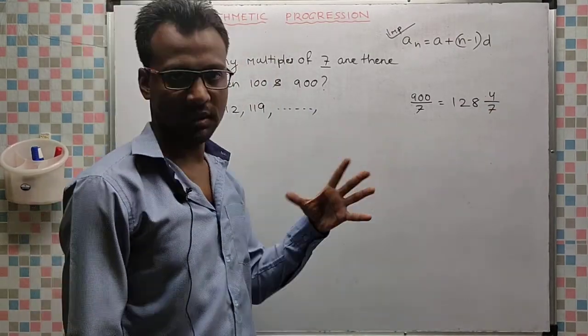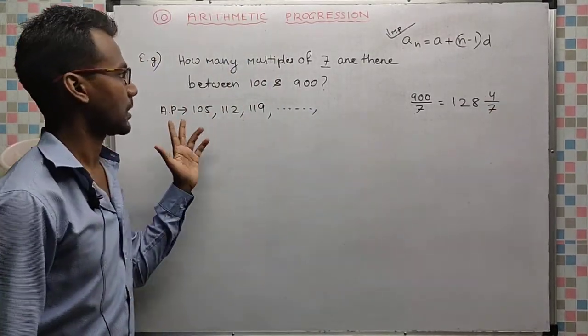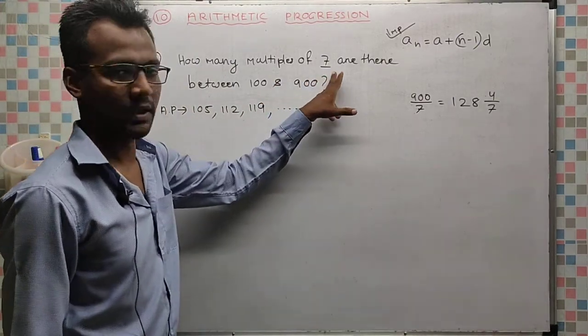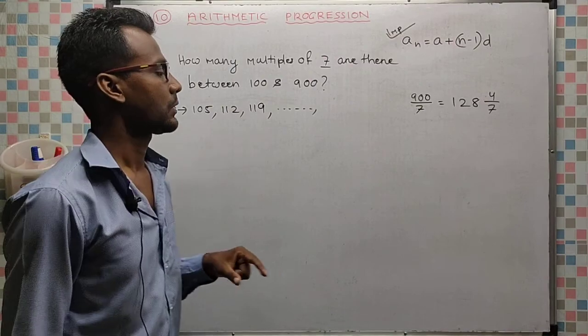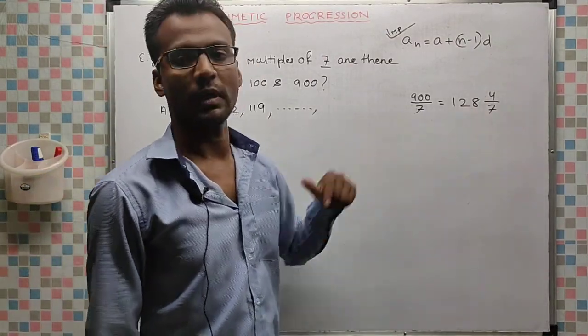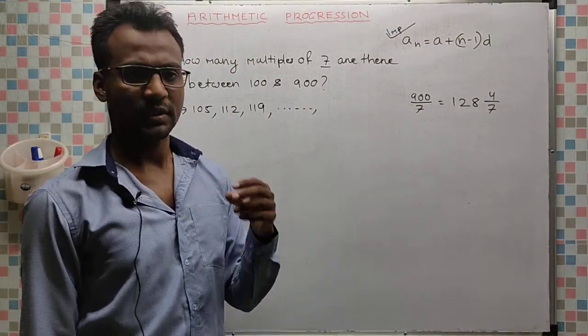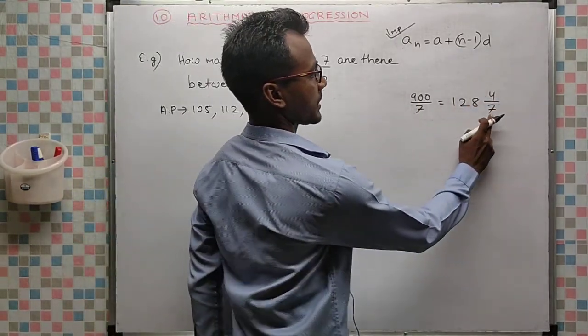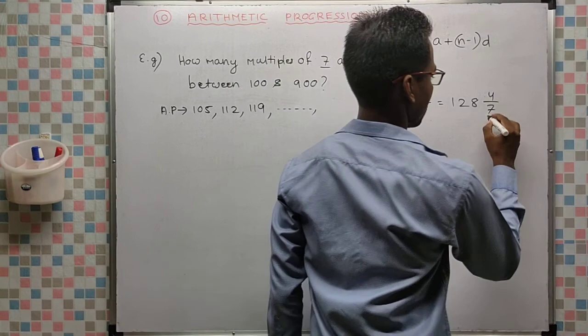So the last multiple of 7 just below 900 will be 7 into 128, or simply 900 minus 4. Here 7 is the divisor, 128 is the quotient, and 4 is the remainder.